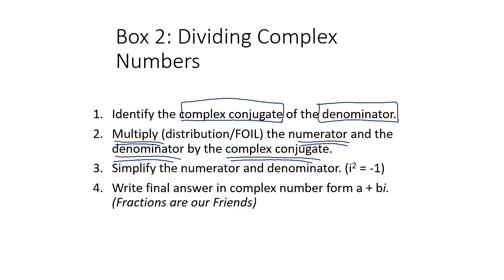We already went over how to multiply, right? Step 3: simplify the numerator and the denominator. When you're simplifying, remember that i squared equals negative 1. Step 4: write our final answers in complex number form, a plus bi.